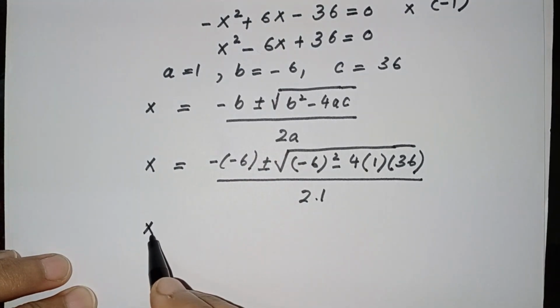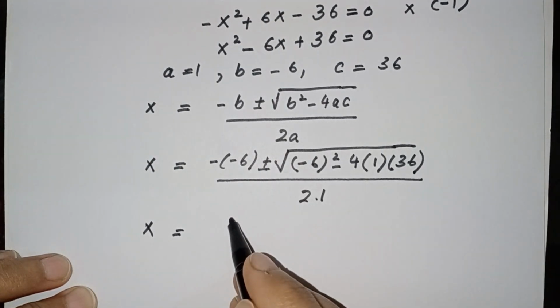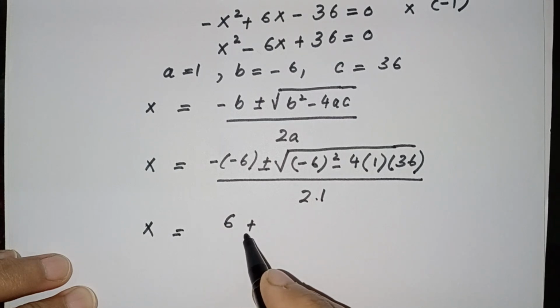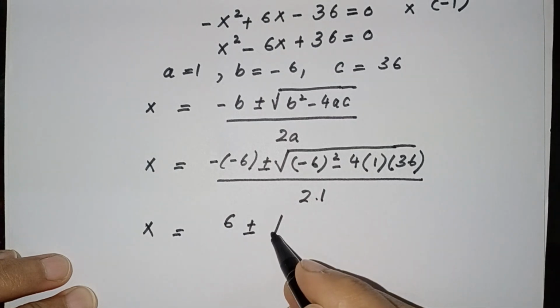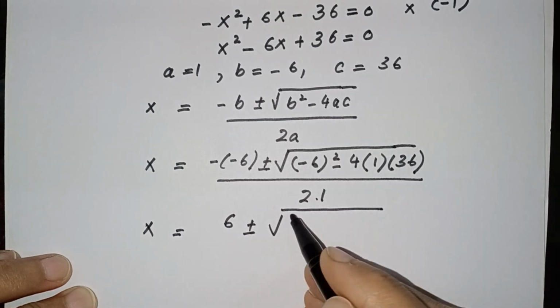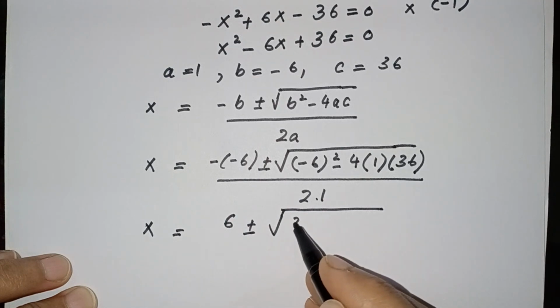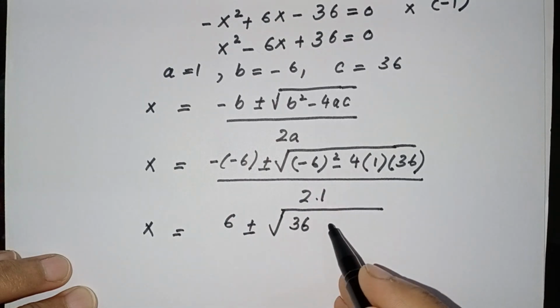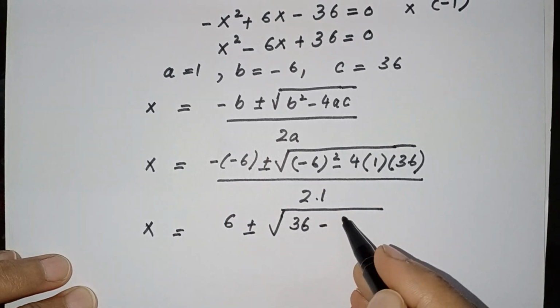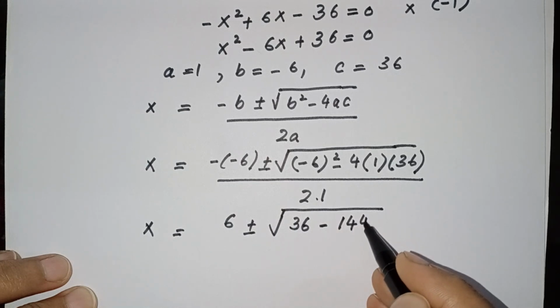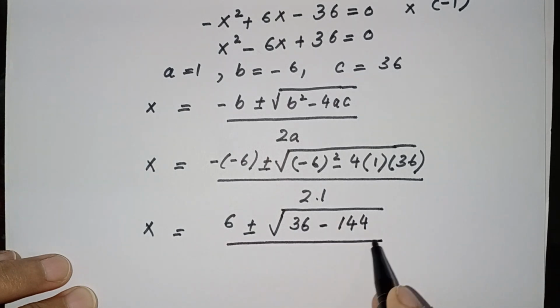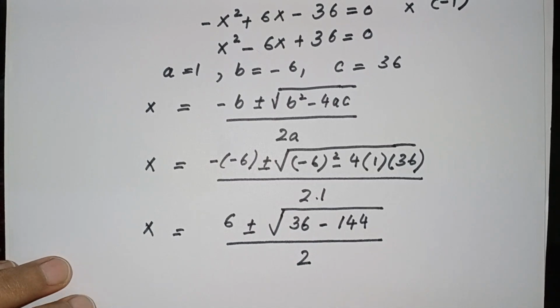So x is equal to minus and minus will give positive 6 plus or minus. Here we will write minus 6 square is equal to 36, minus 4 times 1 times 36 will give 144, over 2a, 2 times 1 gives 2.